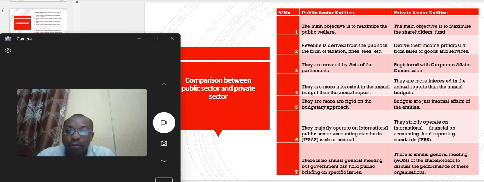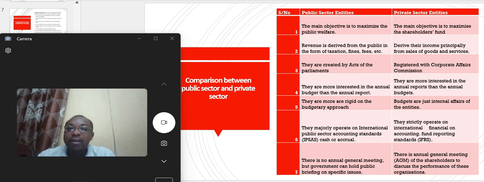So that is the main objective of private sector entities. The idea is to make profits and increase the net worth of the owners of those businesses. Capital appreciation and profit maximization.